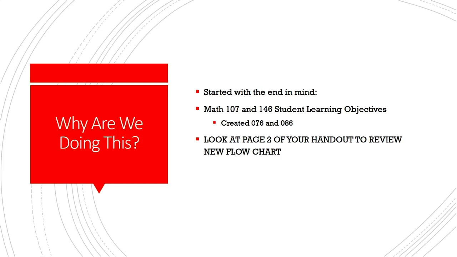They made sure that the students were only getting the math needed to be successful in the 107 and 146 class. And all the other kind of abstract algebra, for instance, factoring polynomials as an example, those concepts were moved over into the Math 96 class.